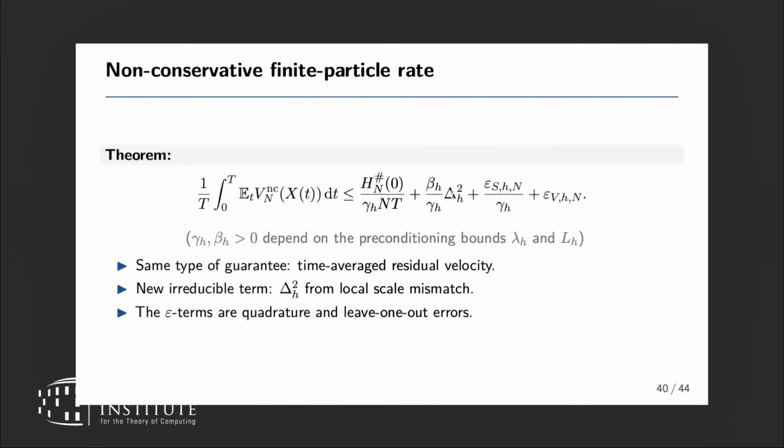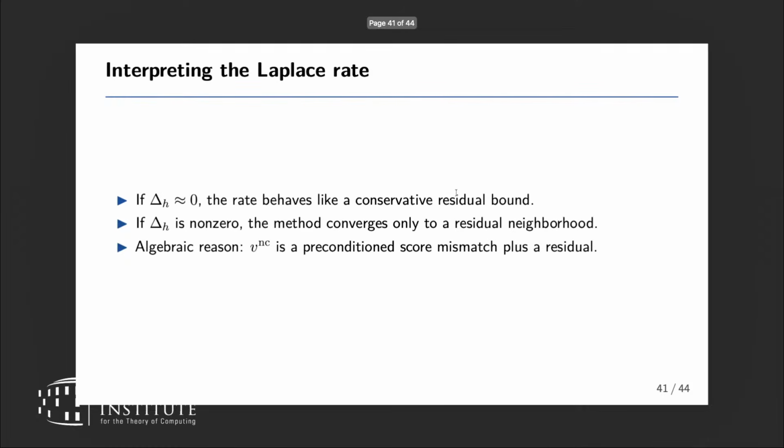In the previous case, the number of particles will control all the terms on the right-hand side, but this will be a non-negligible residual error, which was the reason why in the initial parts of the talk I was telling you that you get closer to the stationarity, but you will never be exactly zero because there will always be this non-negligible term, because your velocity field is not really conservative in that case, right?